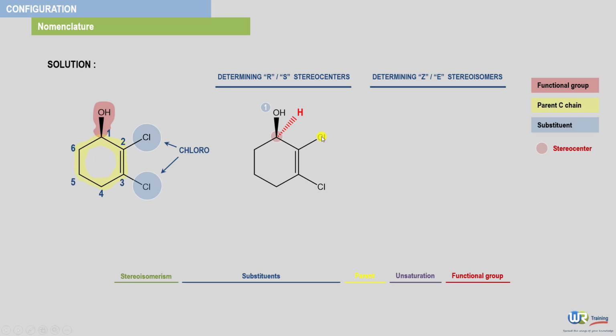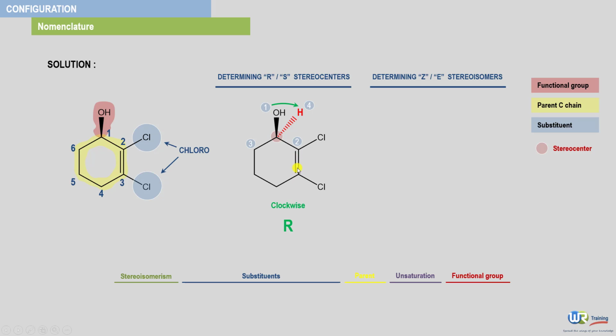Chlorine has a higher atomic number than carbon, so this one will get priority number 2, this one priority number 3, and the hydrogen priority number 4. So hydrogen is on a dash, then we can determine the configuration directly. We go from 1 to 3 in a clockwise direction, so the configuration is R.